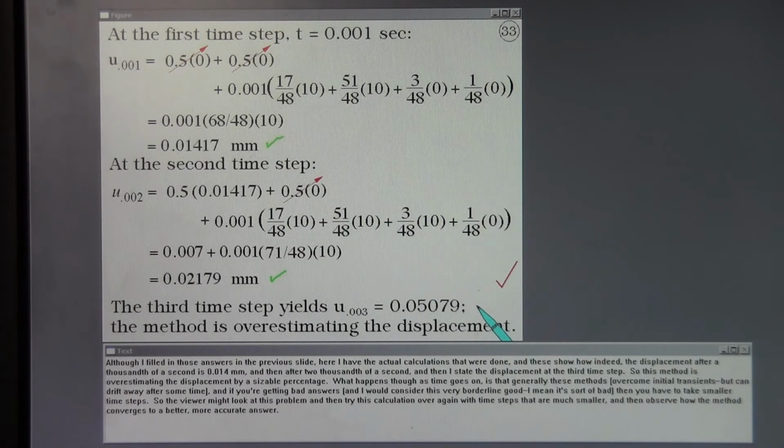What happens though as time goes on is that generally these methods home in, and if you're getting bad answers, and I would consider this very borderline good, I mean it's sort of bad, then you have to take smaller time steps. So the viewer might look at this problem and then try this calculation over again with much smaller time steps, and then observe how the method converges to a better, more accurate answer.